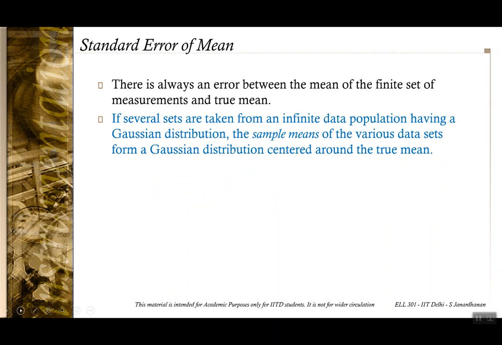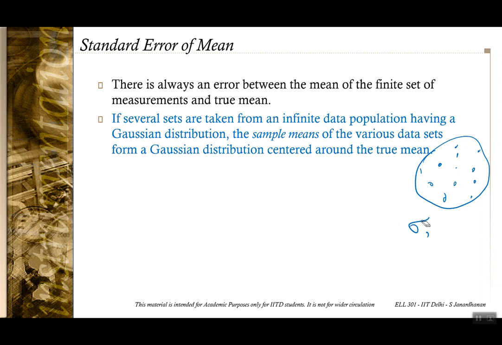Now, we always have a finite amount of measurements. So whenever you are trying to make a distribution, you have a finite number of measurements, and for these measurements you calculate a mean.